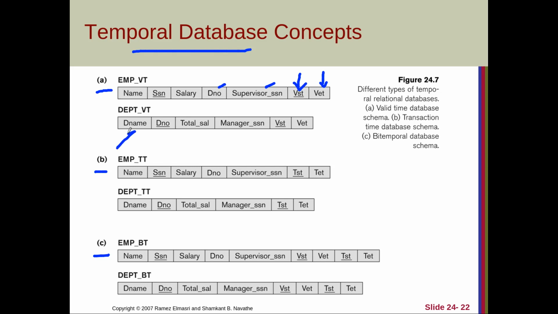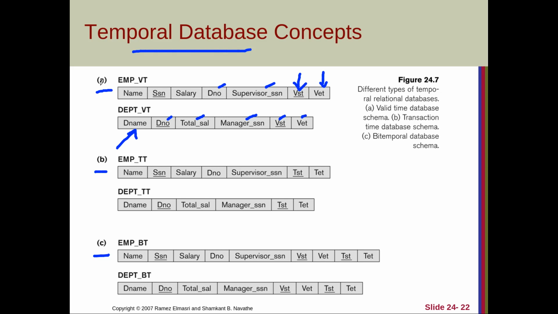So look into the department temporal database relation, that is DEPARTMENT_VT, that indicates valid time relation. This name is given in this way just for representing it as a valid time relation. You can provide any name. So DEPARTMENT_VT, department valid time relation: department name, department number, total salary, manager social security number. Then we are adding valid start time and valid end time.